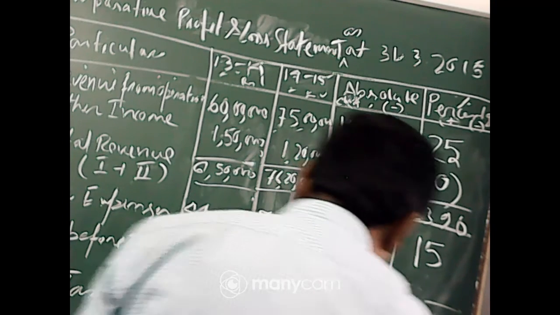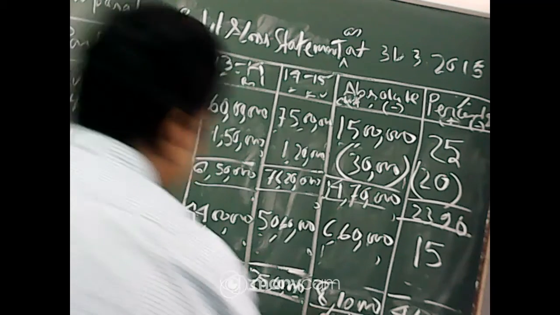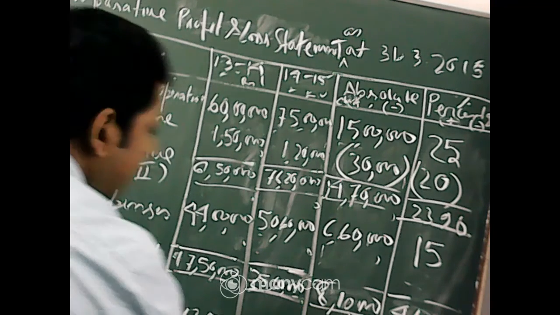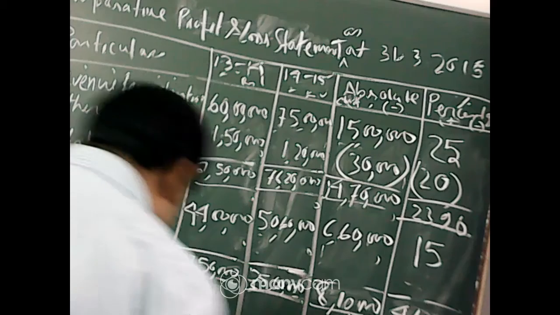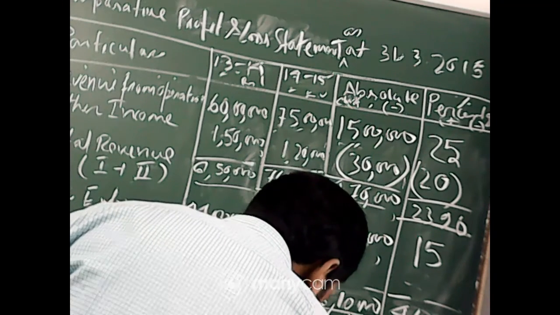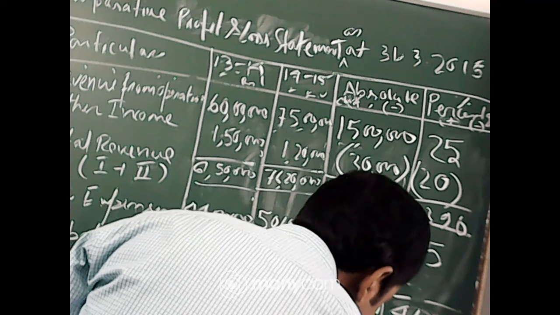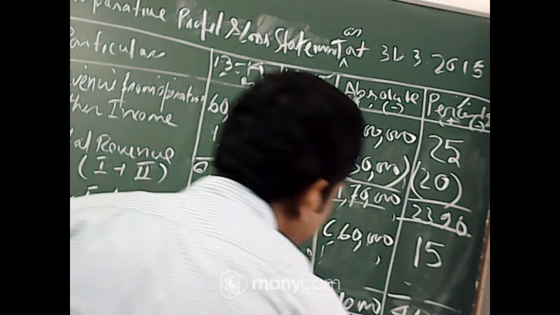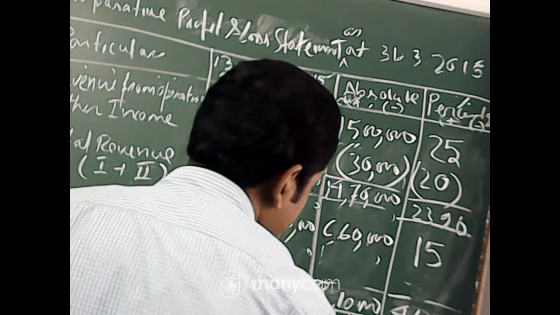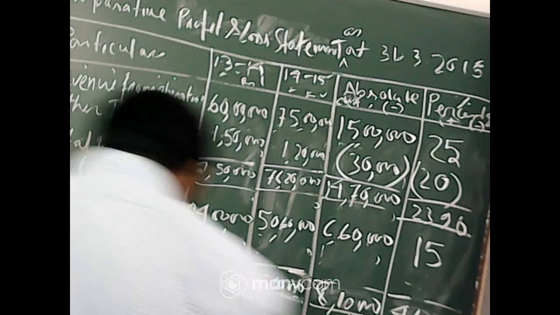67.18. Okay. Then again you have to deduct, this is your profit before tax, less profit after tax, and what will you find? 3,98,500 and 35.03 in percentage. Just deduct 46.29 from 67.18, you can find 35.